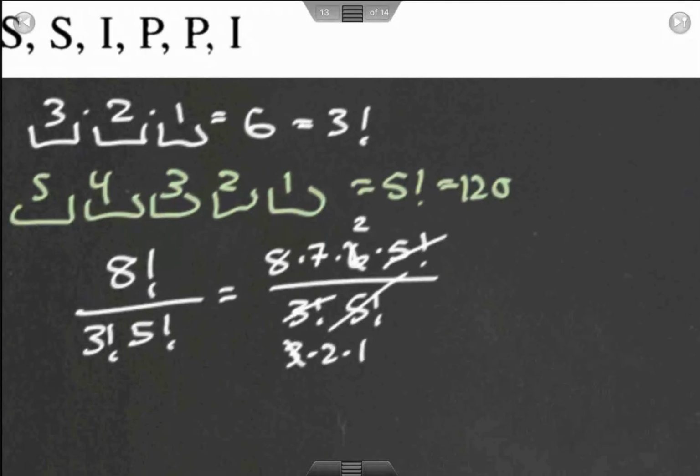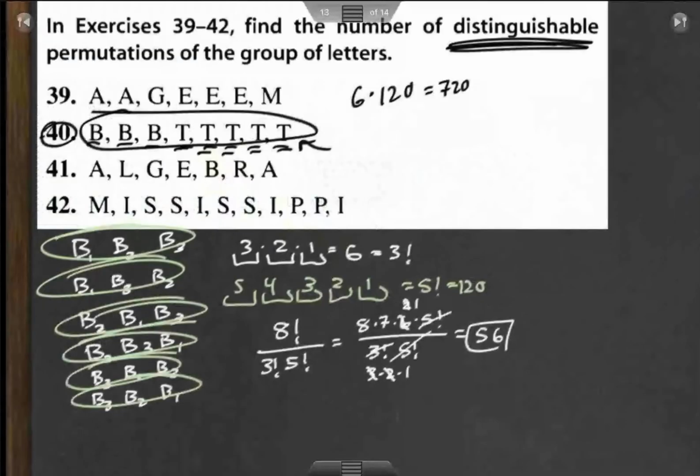Or you could have just gone 3 factorial and 6 and crossed those out. So the total number of distinguishable ways to rearrange those letters in this problem would be 8 times 7, which is 56. That's it. So you have to do the number of letters factorial, which was 8 factorial, and then you have to take out all the repeats, which is what's on the bottom.